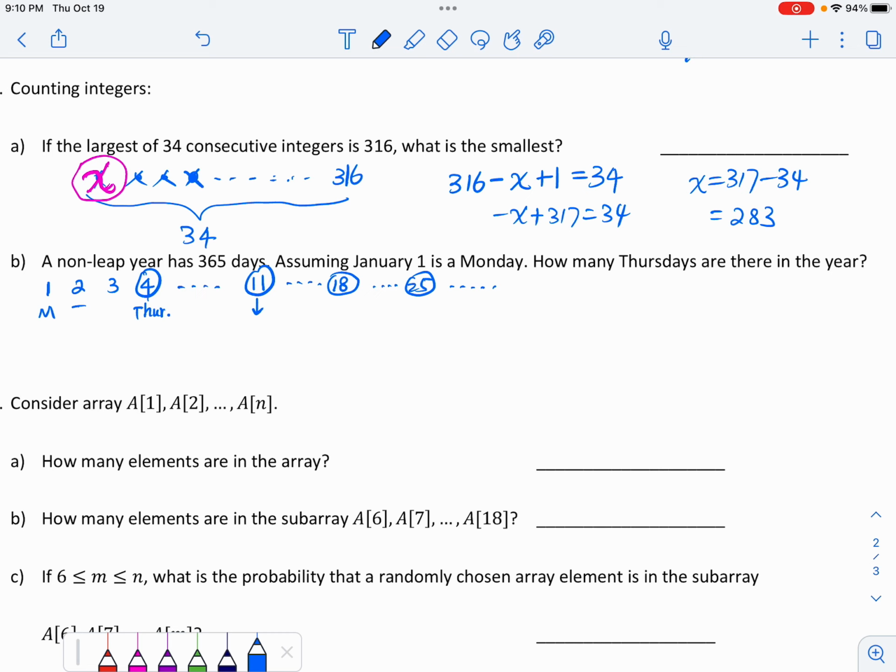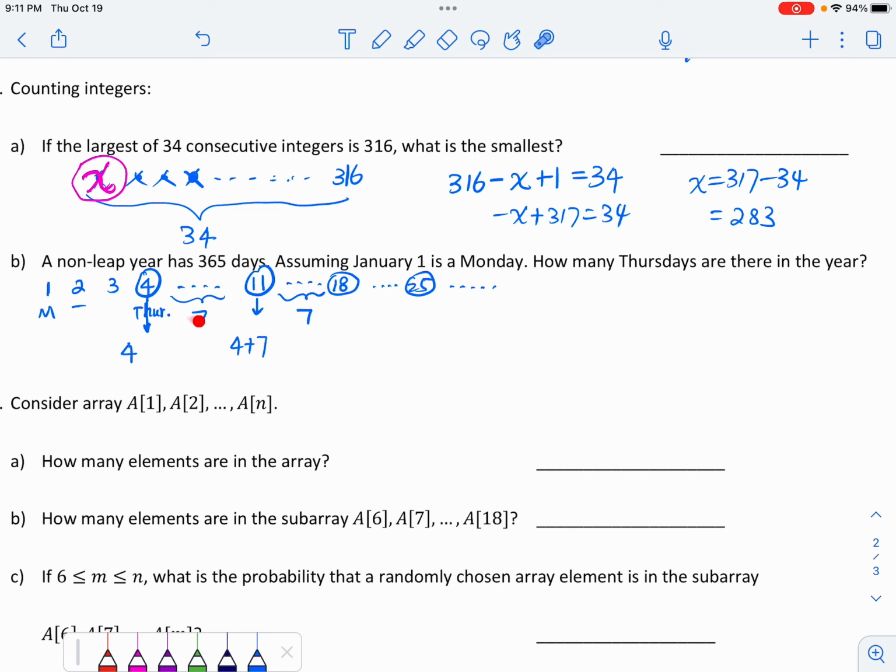Now, let's try to find a pattern. They all differ by 7. So I know the first one, which is 4. The next one will be 4 plus 7, because there were 7 days in between. The next Thursday will be another 7 days in between, right?